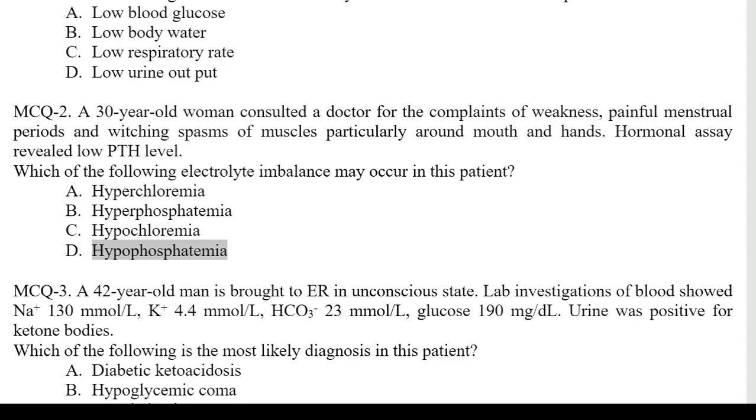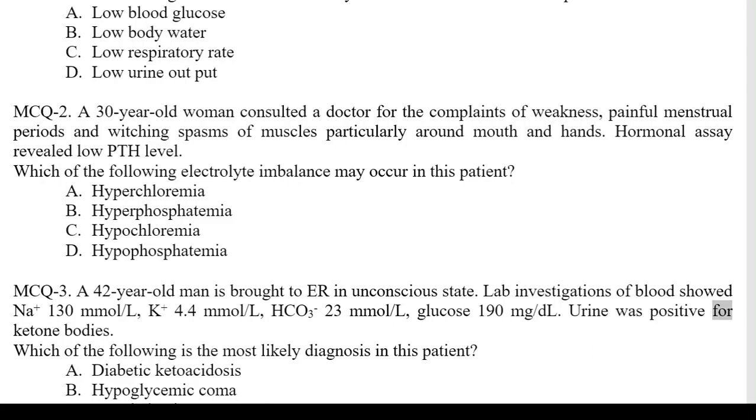hypophosphatemia. MCQ 3. A 42-year-old man is brought to ER in unconscious state. Lab investigations of blood showed Na+ 130 mmol/L, K+ 4.4 mmol/L, HCO3 23 mmol/L, glucose 190 mg/dl.